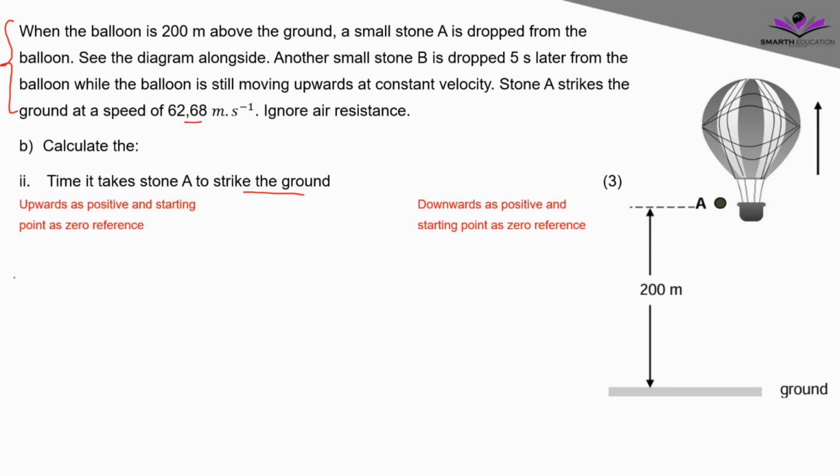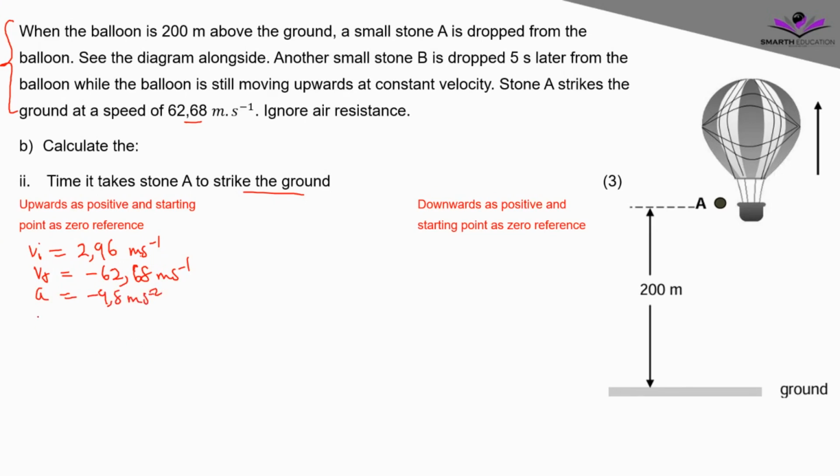Right, let's start by taking upwards as positive. If we take upwards as positive, then our initial velocity is 2.96 meters per second, and our final velocity is negative 62.68 meters per second. Acceleration is equal to negative 9.8 meters per square second.